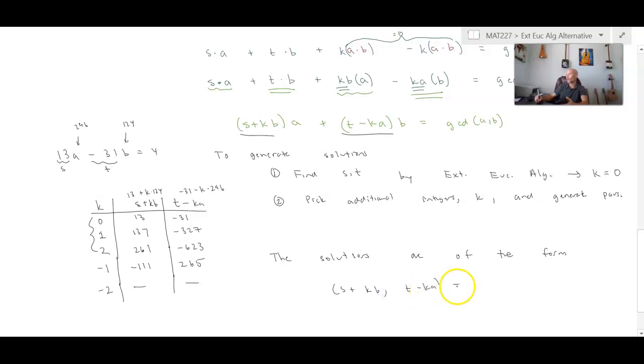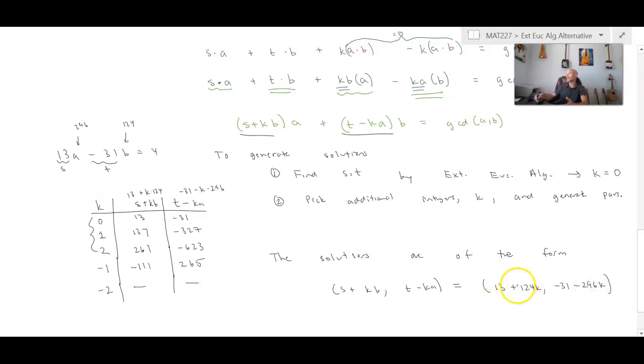Okay, for our particular problem, that equals 13 plus 124K, and negative 31 minus 296K.